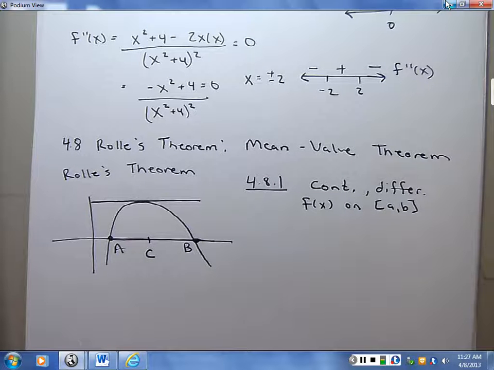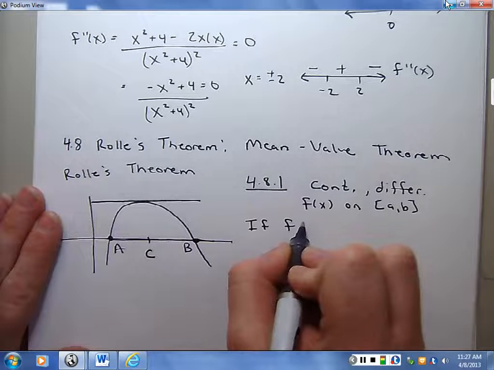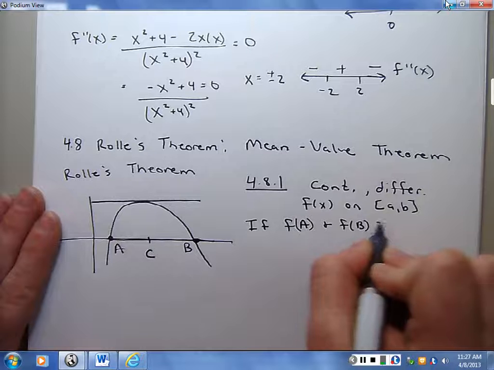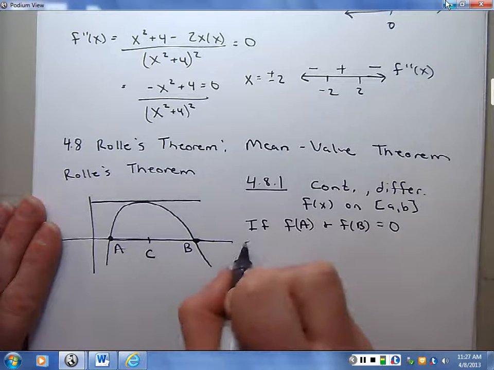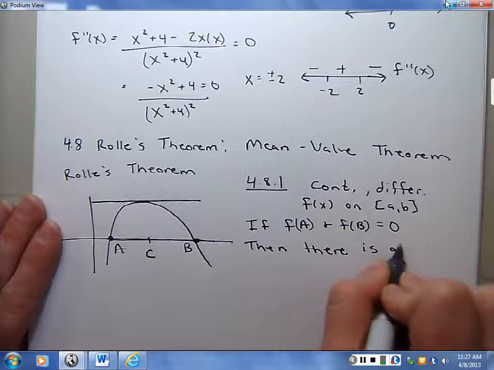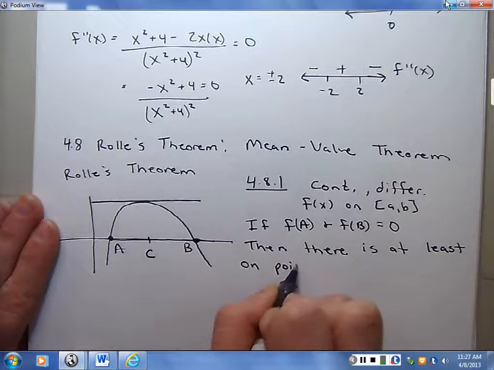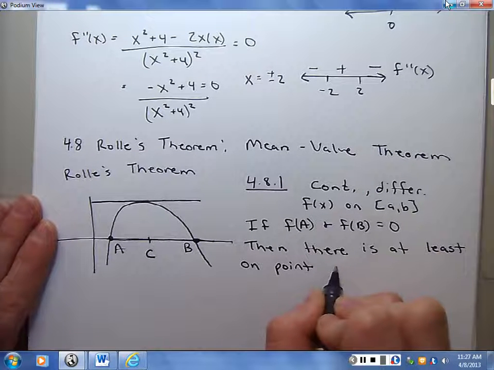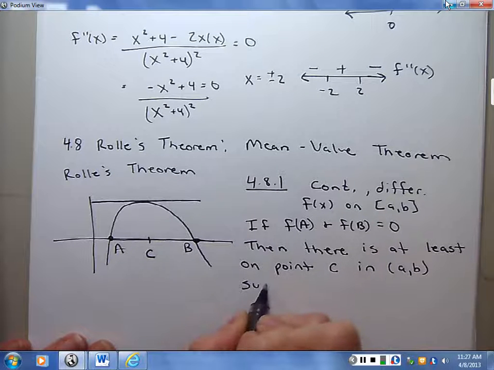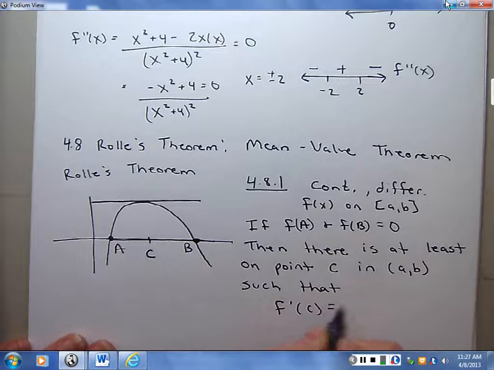If those conditions are met, and if the function at A and the function at B equals 0, then there is at least one point, we'll name it C, in AB such that f prime at C equals 0.